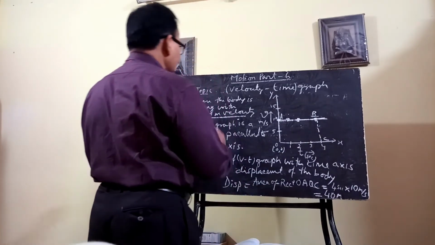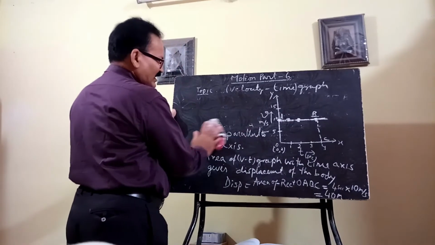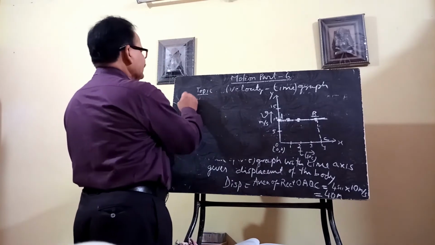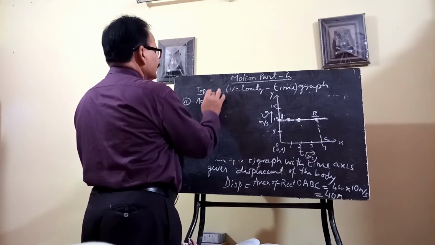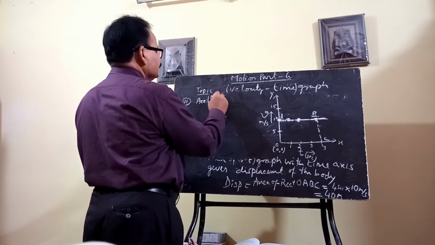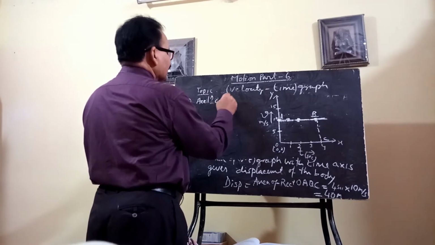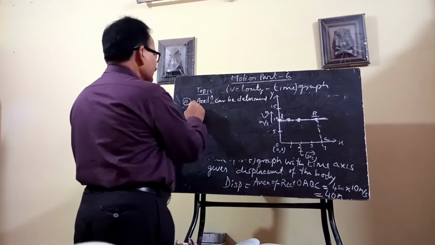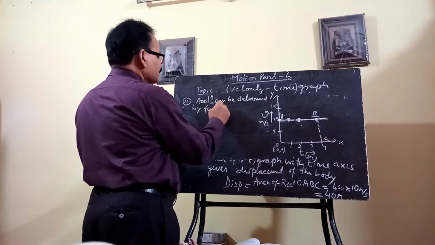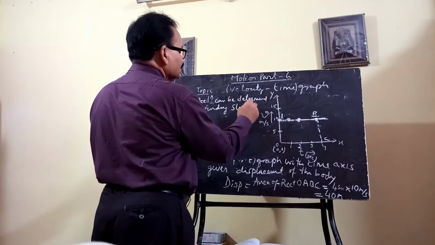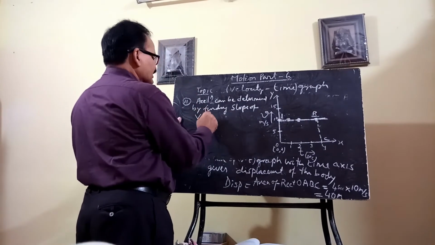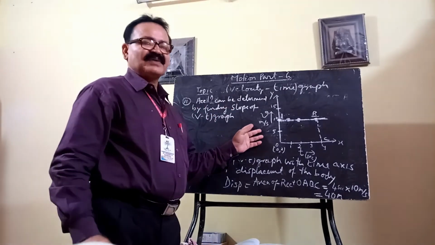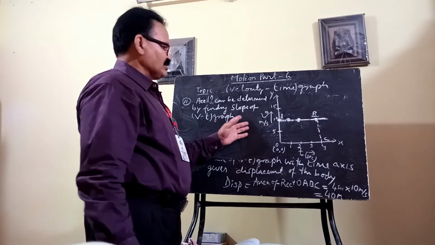Now for acceleration, if you want to find the acceleration, it can be determined by finding the slope of the velocity time graph.